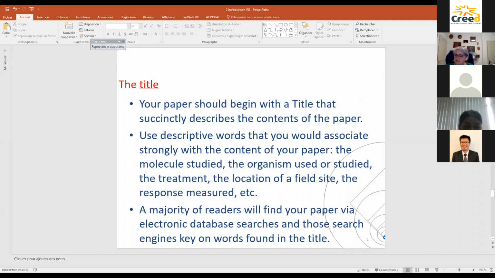And remember yesterday I talked about keywords and the title. Make sure you use strong words, words that are strongly linked to the subject, so that database searches will capture your article, because more and more we're using electronic database searches to find articles, so it's important to really think about the title.